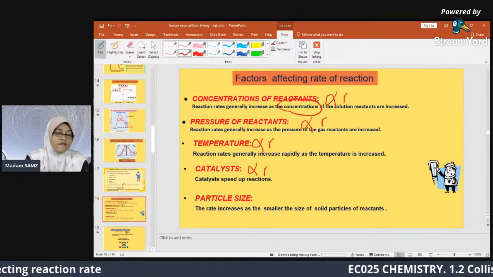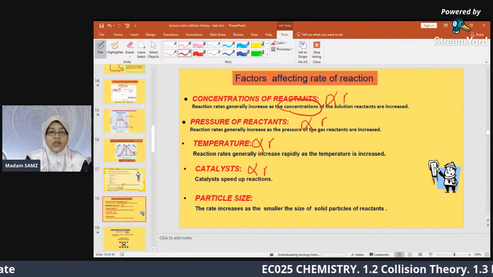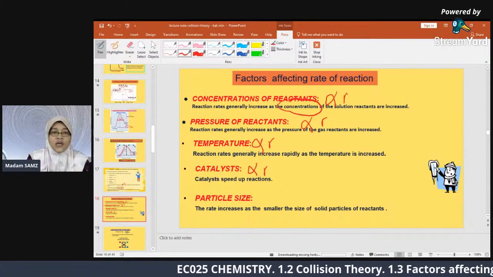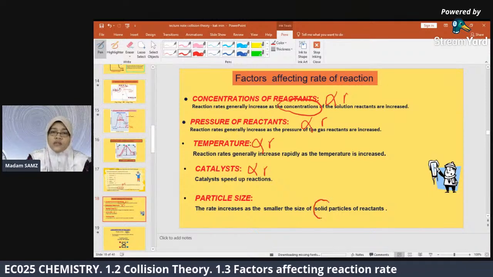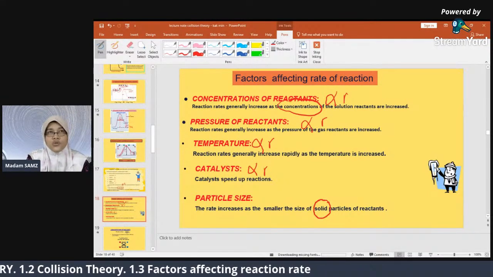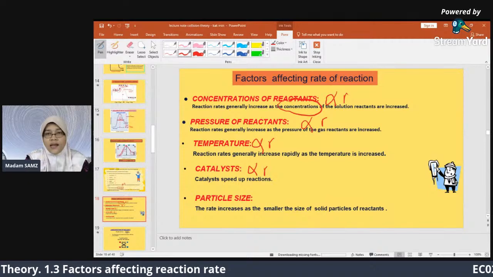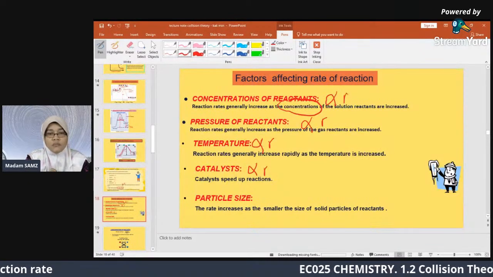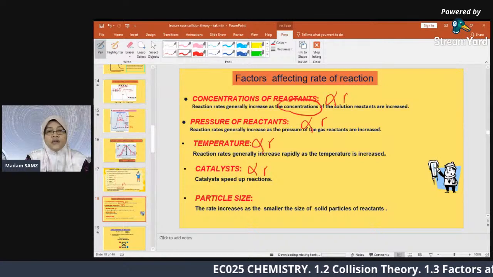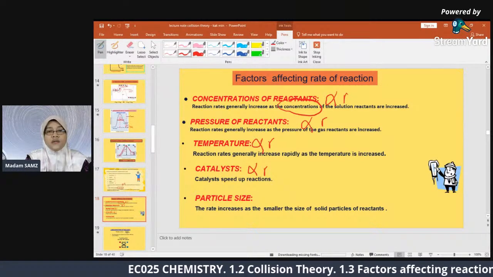The last factor, the fifth, is particle size. For particle size, we are usually talking about reactants in solid form. If you use a smaller size, say a powder instead of a solid piece, the surface area of the powder is bigger.